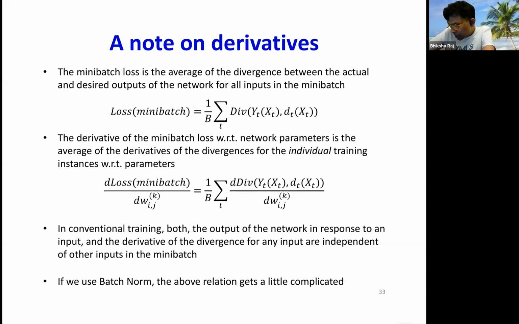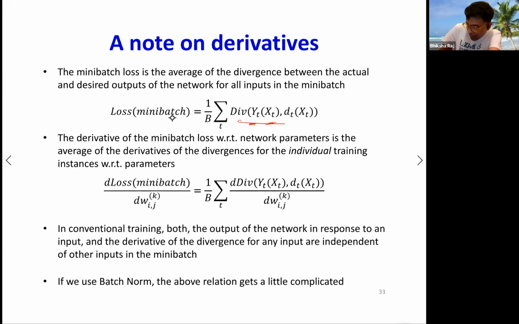A mini batch loss is the average of the divergence between the actual and desired outputs of the network over all the inputs in the mini batch. Now, when you perform conventional training, then the output of the network in response to any input depends only on that input. It does not depend on the remaining inputs in the batch, it doesn't depend on anything else.